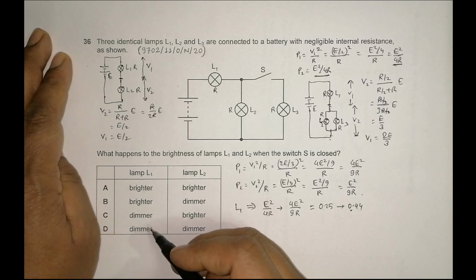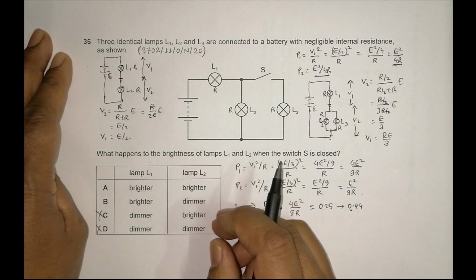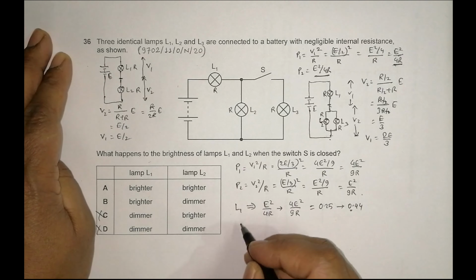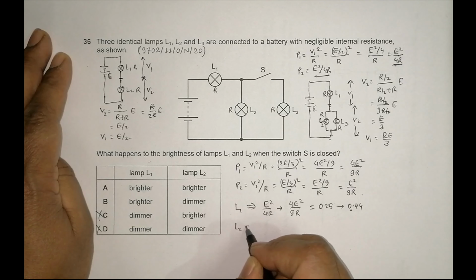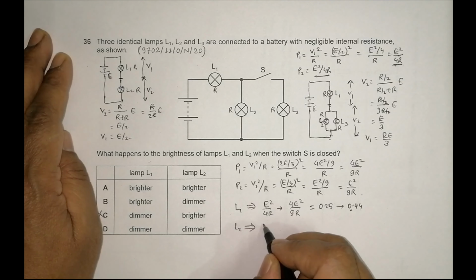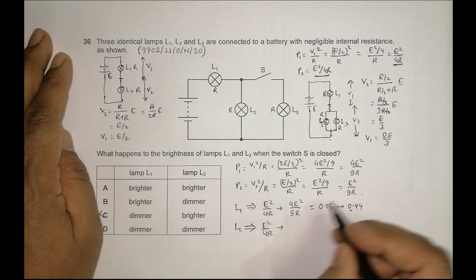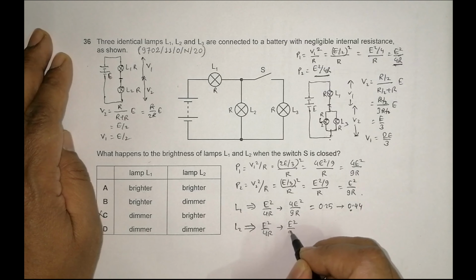So brighter means choices C and D disqualify. Then for lamp L2, the power is going from E squared by 4R initially to E squared by 9R.